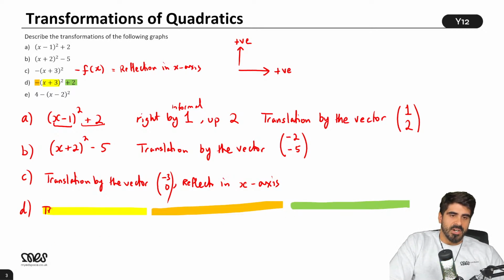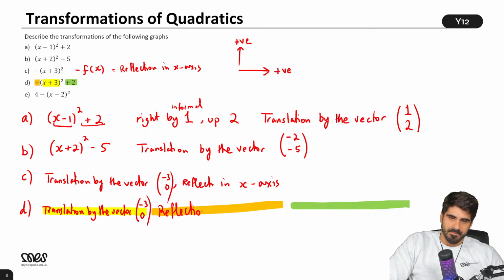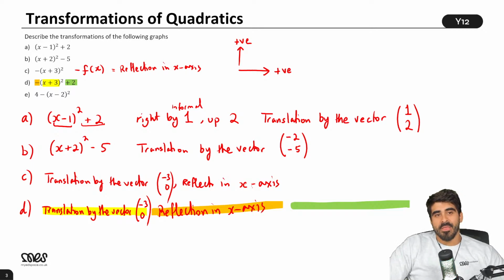Which means we have to say translation by vector, which the +3 means you're going 3 back and nothing on the y. Then the minus is a reflection in the x-axis. And then the +2, guys, tell me the vector for that +2.